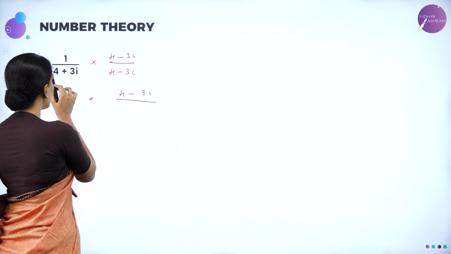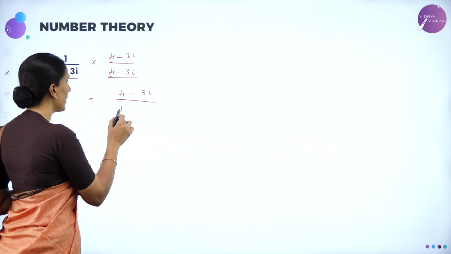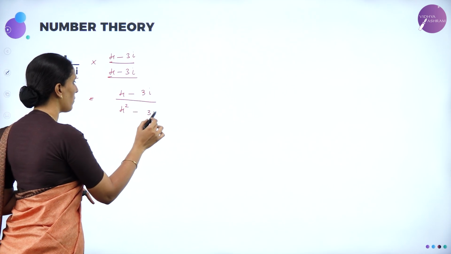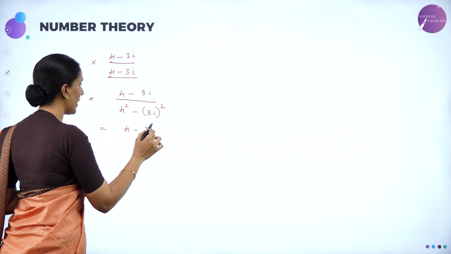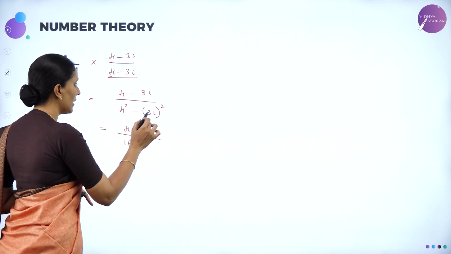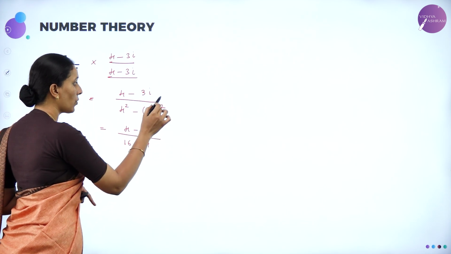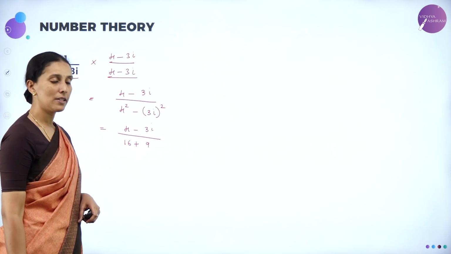And the denominator is in the form of (a plus b)(a minus b), which can be written as a square minus b square. Now here we have 4 minus 3i divided by 4 square, which is 16, minus 3i square, which is 9 times i square, which is minus 1. So minus 1 into minus 9 becomes plus 9.